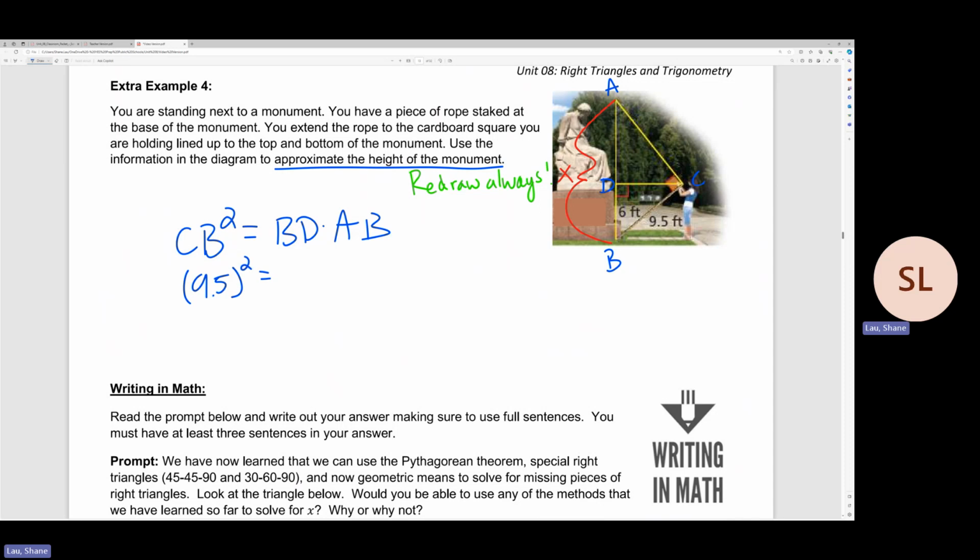Quantity squared equals BD, which is 6, times AB, which we don't know, we'll call it x. And we'll just solve from there. 9.5 squared is 90.25, which equals 6x. Dividing both sides by 6, we get x equals 15.042. And of course, this is feet.